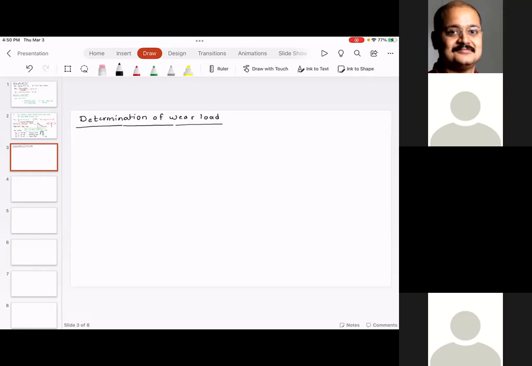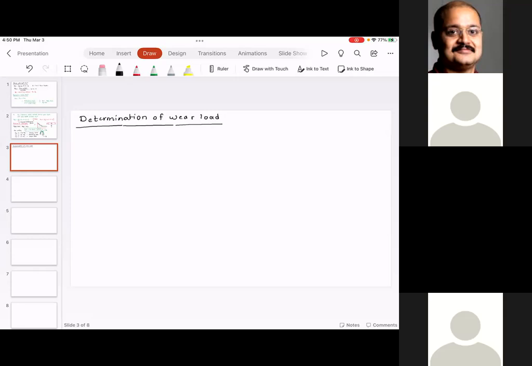For that, we need to find out the wear load. Wear load is the maximum amount of load that the gear can sustain before it fails in wear.